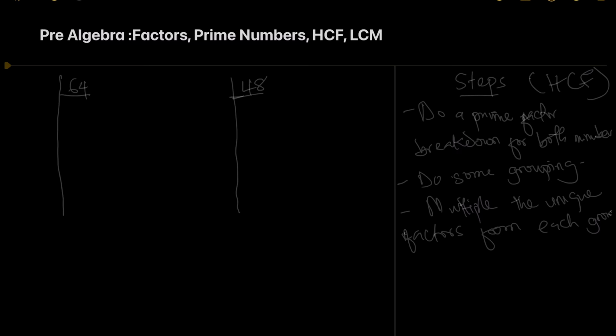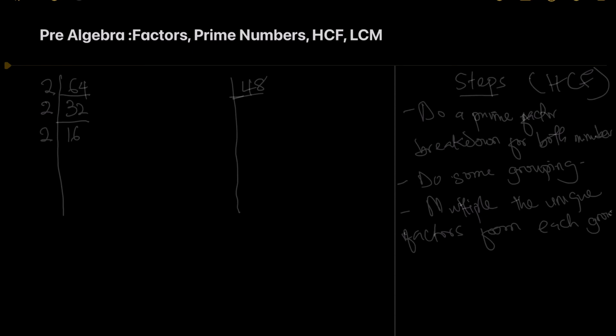So we could say 1, if we divide 64 by 1, it's basically going to be 64, so there's no point dividing by 1. So we just start from 2. Because 2 will divide through 64, we go ahead and we have 32, right? And then you're looking for what is the next number. 2 can still divide, so we still go with another 2. When we divide 32 by 2, we get 16.